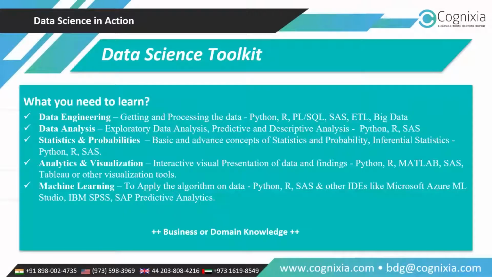We work on some statistical tool like Python or R. Using Python or R, we select a particular algorithm. Like for this problem, let us assume we have selected k nearest neighbor. So we select a particular algorithm and then we implement that algorithm in Python on our data.